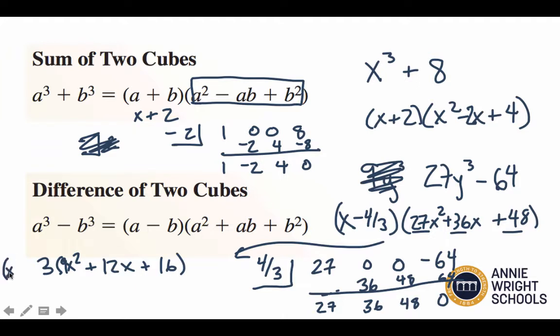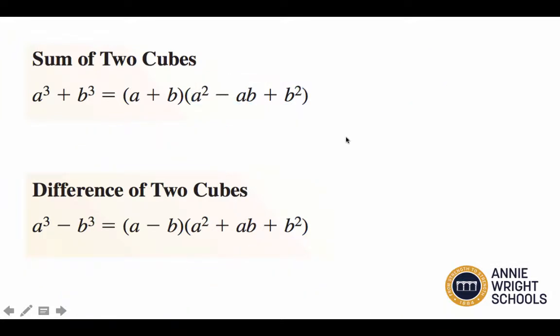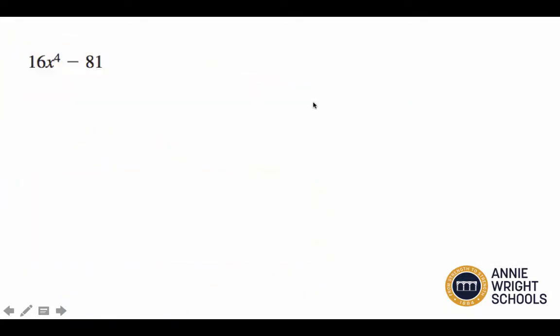And then there'd be this x minus 4/3 that comes along, multiplying this 3 in here, and you get 3x minus 4 times 9x squared plus 12x plus 16. If you want to memorize these terms, because that's going to be hard for you, great. A lot of times you just see it like this, and you can always do synthetic division to get those forms back.